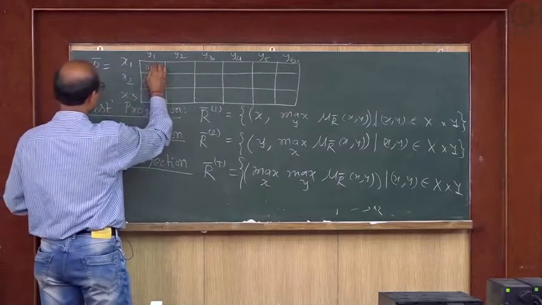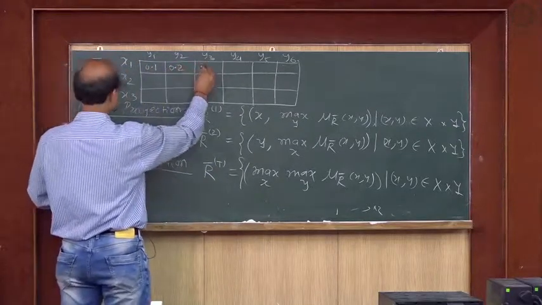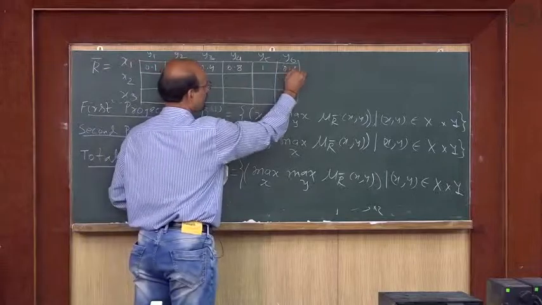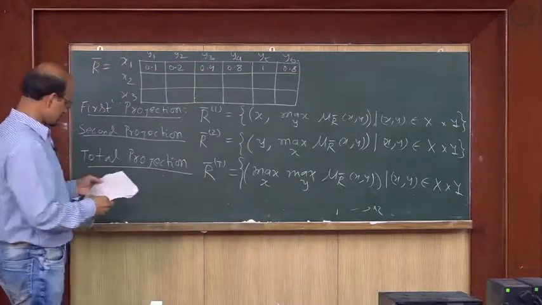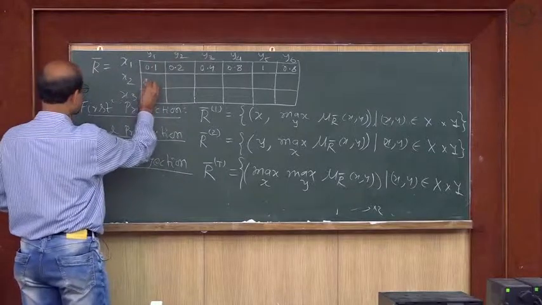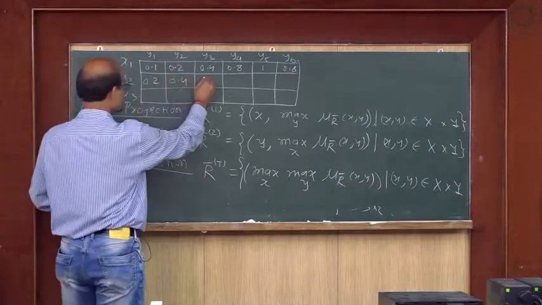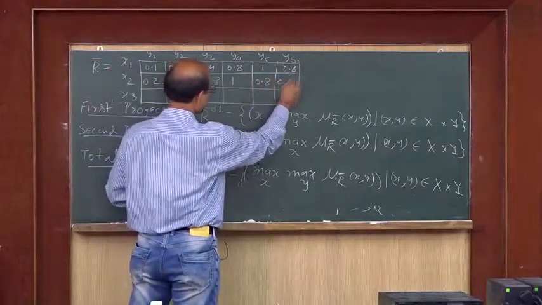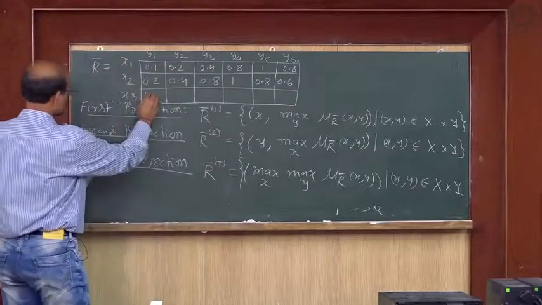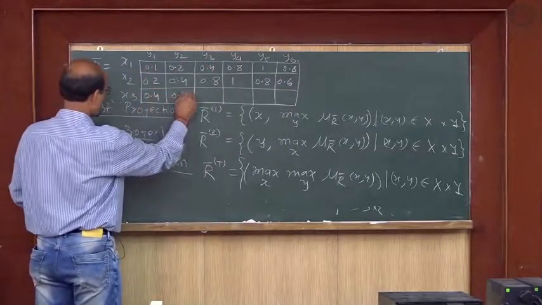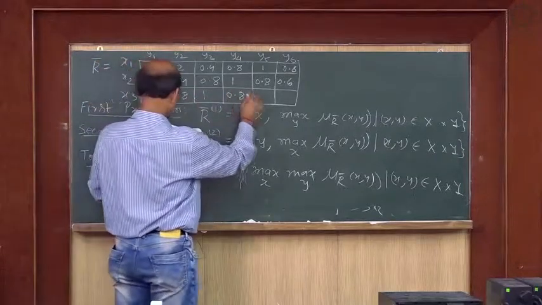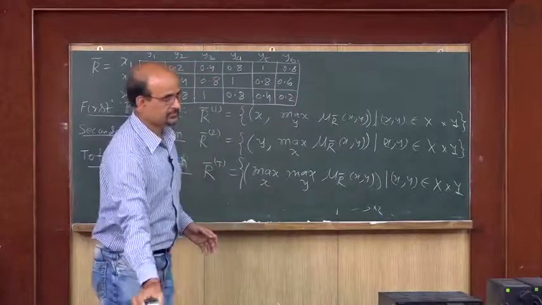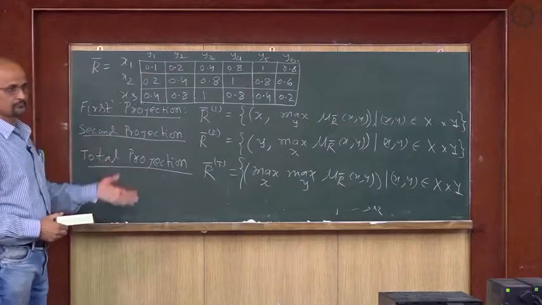For x1 they are given as 0.1, 0.2, 0.4, 0.8, 1 and 0.8. For x2 and different y, it is given 0.2, 0.4, 0.8, 1, 0.8, 0.6. For x3 and different y, it is given 0.4, 0.8, 1, 0.8, 0.4, 0.2. So, this is the relation given.